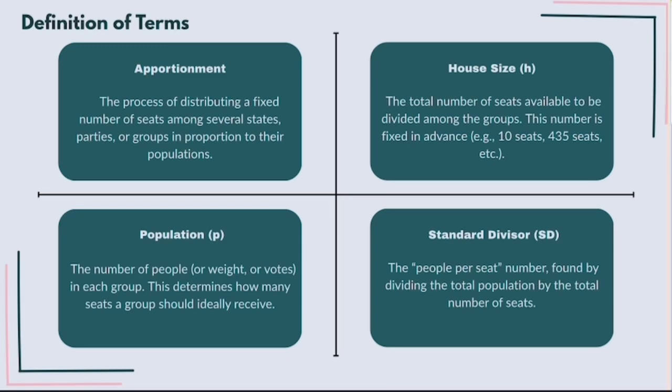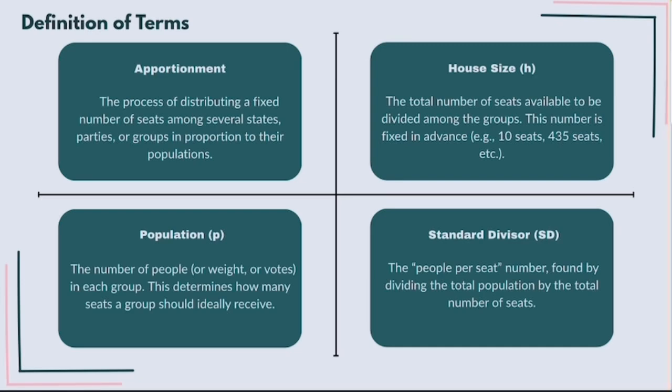For the second one, we have the house size. It is the total number of seats available to be divided among the groups, and this number is fixed in advance. For example, 10 seats, 435 seats, 15 seats, or 20 seats, as long as it is a fixed number.